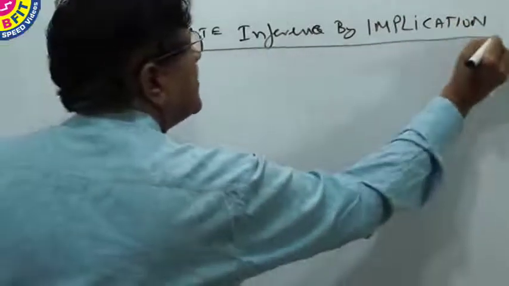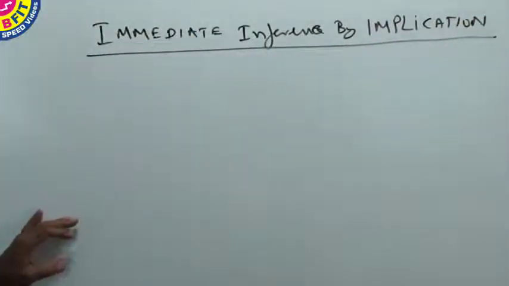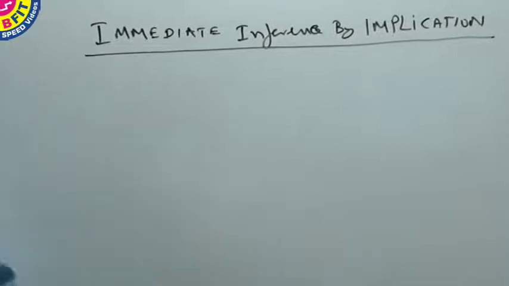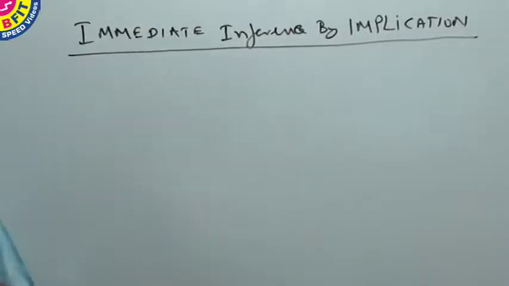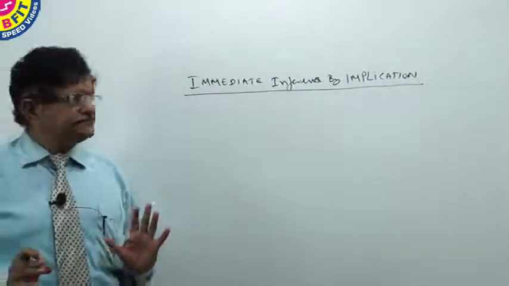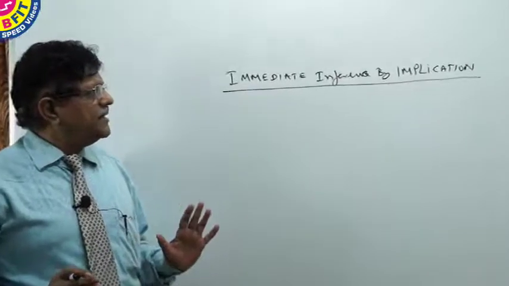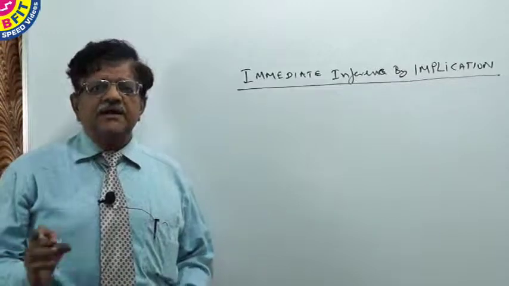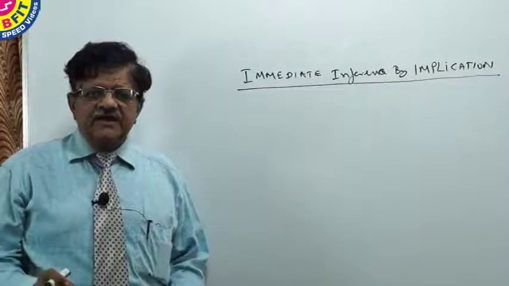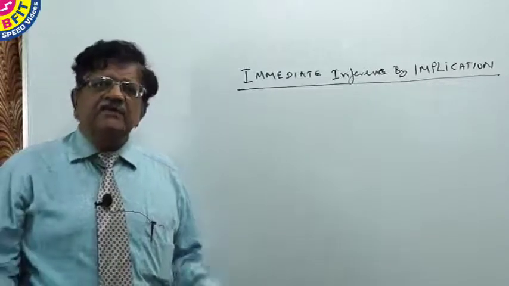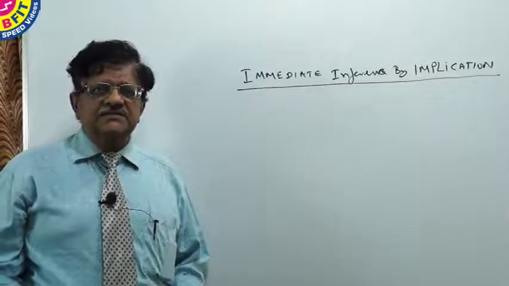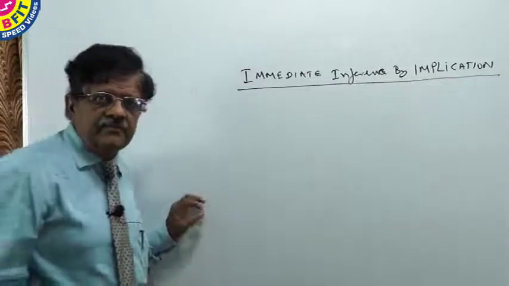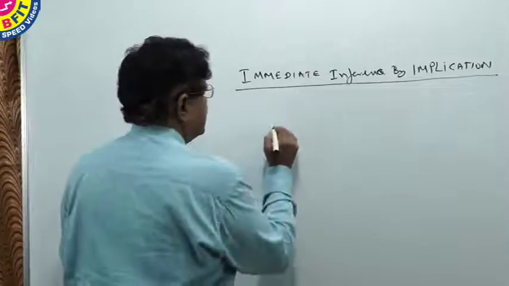Immediate inference by implication. As I told you, immediate means drawing conclusion from one logical statement. And by implication means without changing the subject and predicate. Subject remains the subject and predicate remains predicate, and we draw inference based on that statement. For example, all students are intelligent.